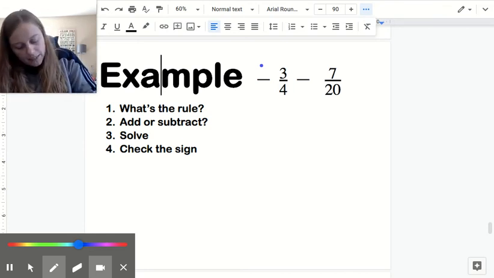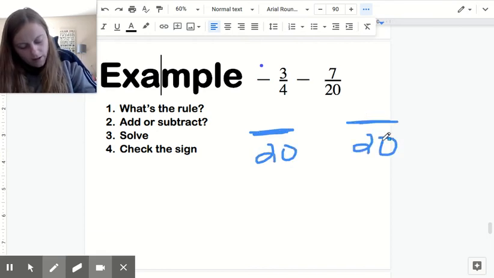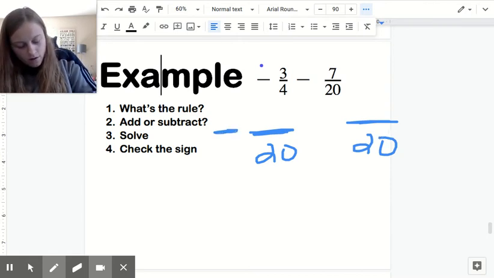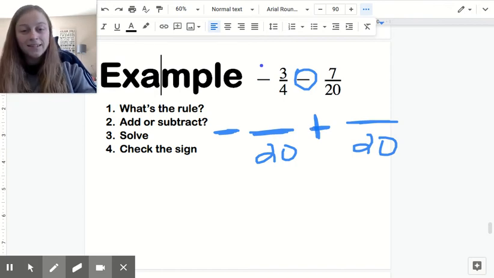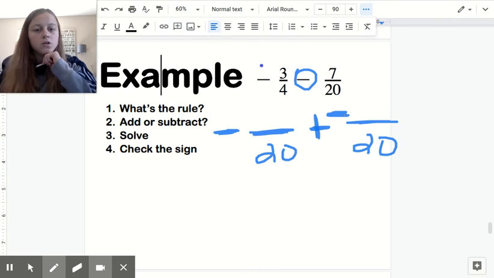My common denominator here is going to be 20. And I need to KFC this: change this to an addition. And this was a positive 7/20, so I'm going to change it to a negative 7/20.